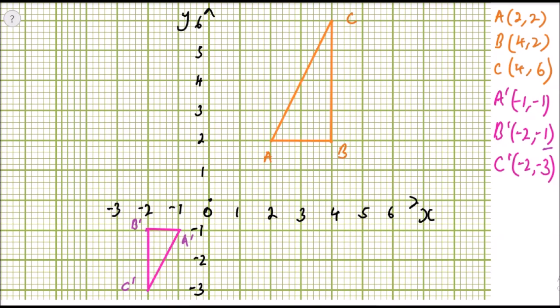So what is the transformation? If you observe the object and the image, you can see that this is an enlargement, and if you count the length of AB, this is 2 units and this is 1 unit. So it is an enlargement where the object is diminished.